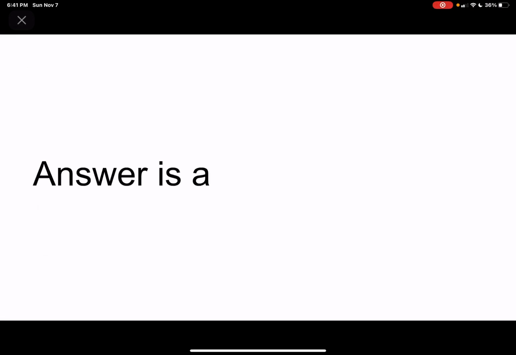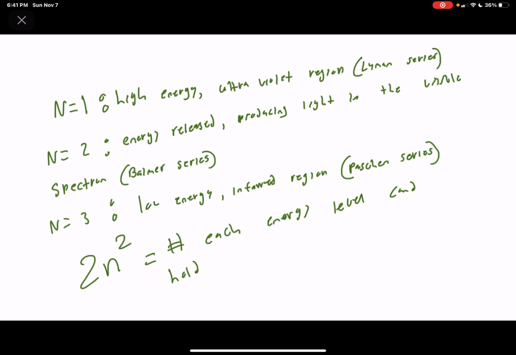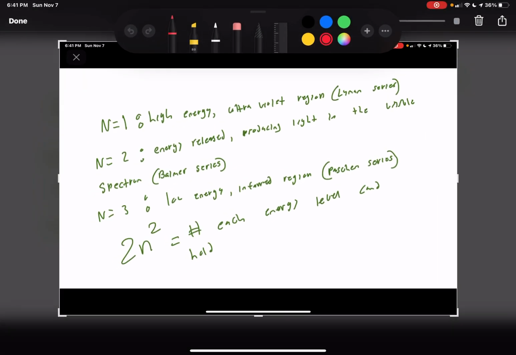And then the fifth question says, in the emission spectrum of the hydrogen atom, which electronic transition would produce a line in the ultraviolet region of the electromagnetic spectrum? So in order to solve this, you have to know this: anything that drops down to n equal 1 produces an emission in the ultraviolet region.